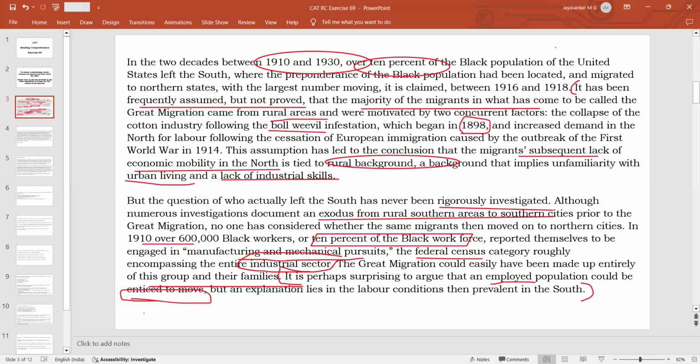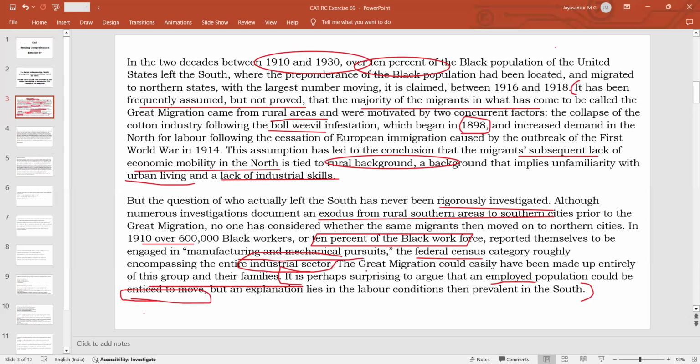So by reading the two paragraphs, you can see that first it was assumed that it was the rural black workers in the southern United States who migrated to the north during the Great Migration.